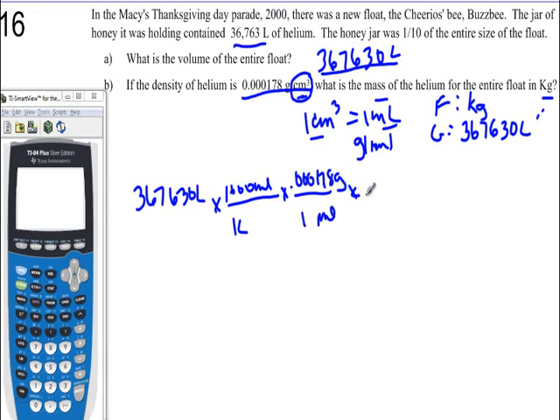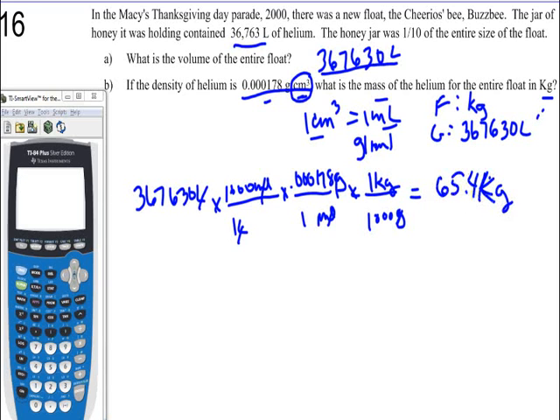But I want my answer in kilograms, so what I know is 1,000 grams is 1 kilogram. When I do that, I cancel liters, I cancel milliliters, I cancel grams, and I get my answer in kilograms. My answer should be, I want 3 sig figs, 65.4 kilograms of helium.